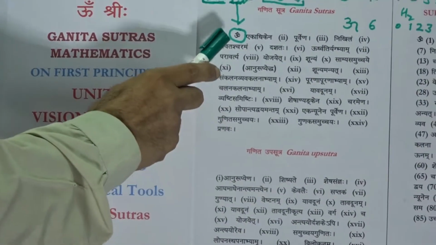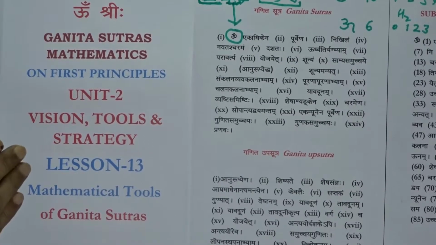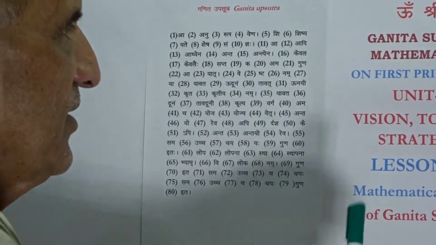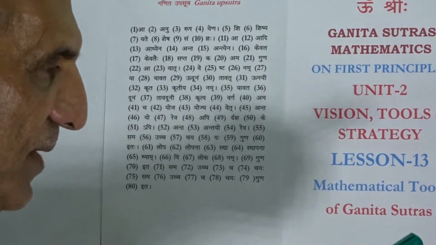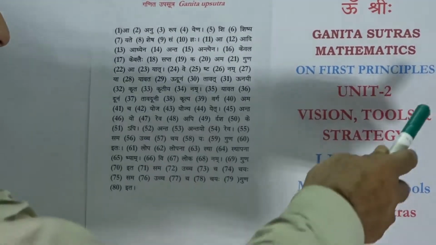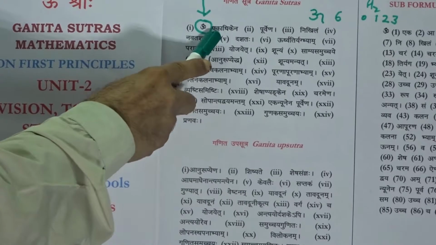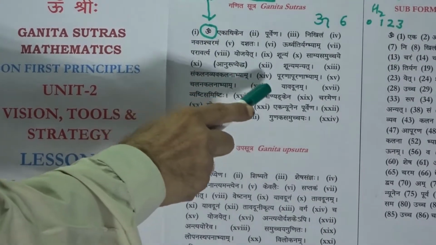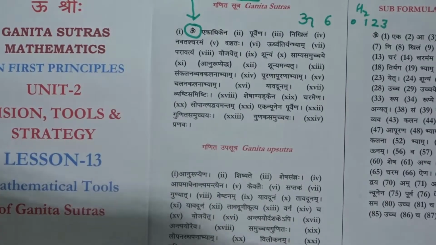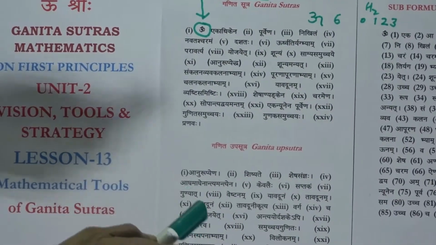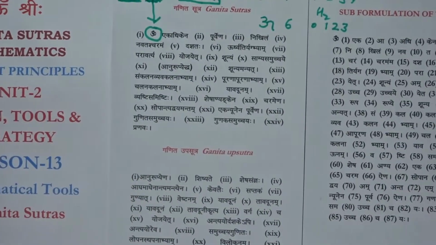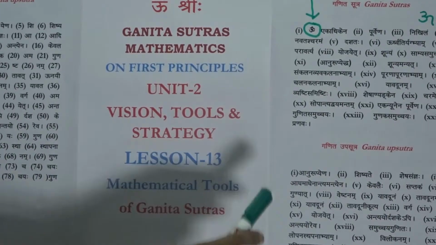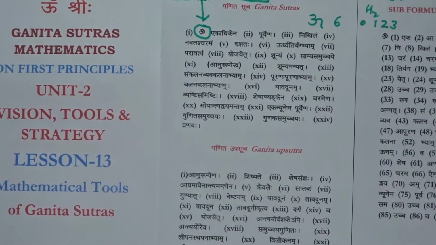The domain of each formulation will further unfold for us on its chase, letter by letter, sequential chase, and will bring us face to face with the sub-formulations, which will ultimately take us to the tools being availed by this text for the mathematics, starting with the formulation Ekadhikain.